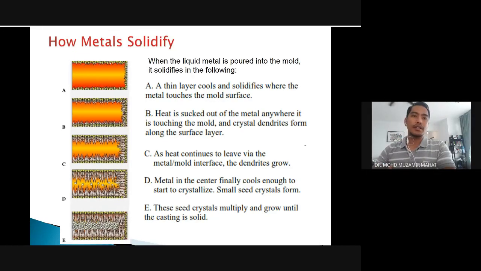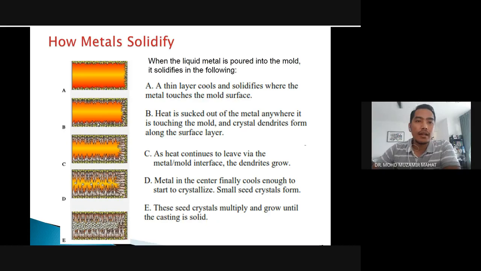In B, heat is sucked out. The molten metal is very hot, and all the heat is sucked out of the metal anywhere it is touching the mold, and crystal dendrites form along the surface layer. So dendrites start forming from the first layer.